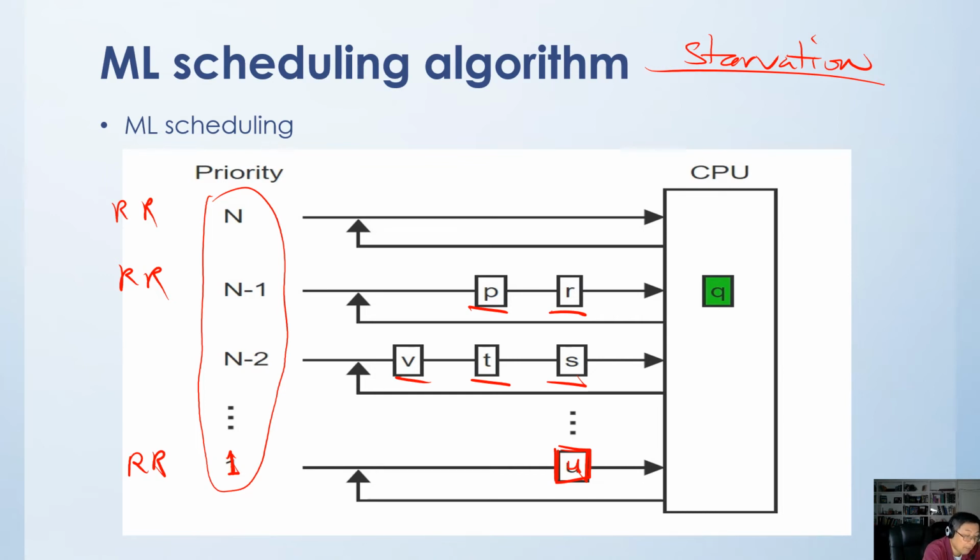Now, what if at any time there's always a process running above level 1? That means process U never gets a chance to run on the CPU. That's starvation, right? And the multi-level scheduling algorithm cannot solve the starvation problem. So we're going to come up with another scheduling algorithm. Okay, let's see.